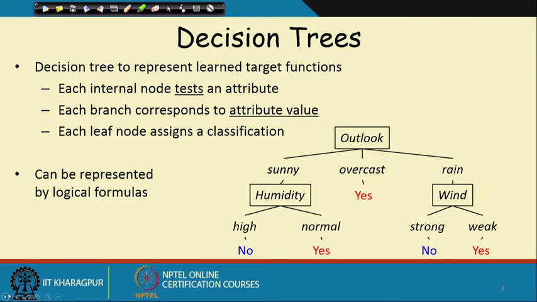If it is overcast, I directly say the class is yes. If it is not overcast, I take sunny or rain. Suppose sunny, I again check the value of humidity. If humidity is high, I say class level is no. If humidity is normal, I say class level is yes. Similarly, for the wind attribute for the rain branch.